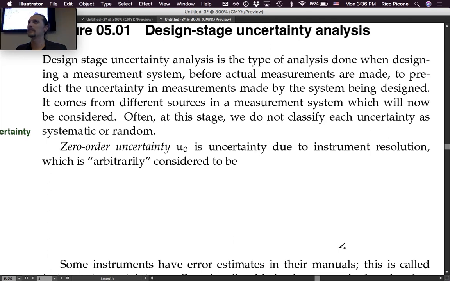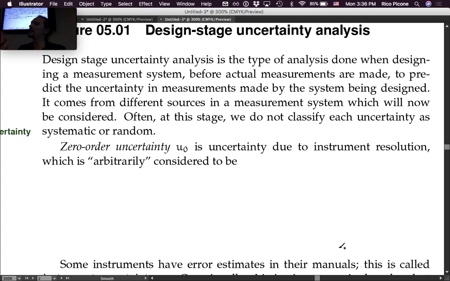Error means that it's off from its true value, or that it can be off by this much, or this is a typical number for an estimate for the systematic error. No device is calibrated perfectly. So if it's trying to measure a mass of 1 kilogram, every device is going to be systematically off to one side or the other, up or down.